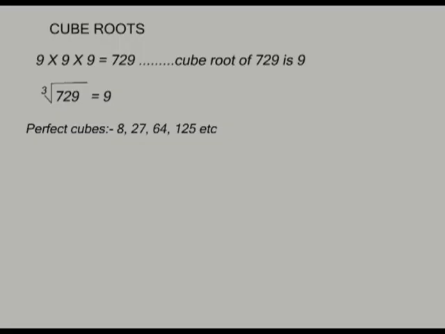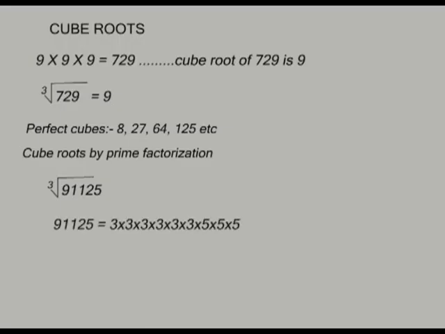One method of finding cube roots is using factorization method. So we first express the numbers as a product of their prime factors. For instance, the cube root of 91,125. In its prime factors, this is equal to 3 times 3 times 3 times 3 times 3 times 3 times 5 times 5 times 5.